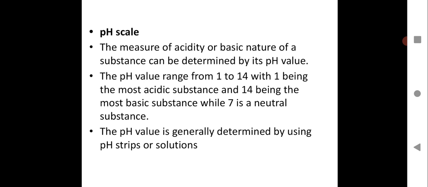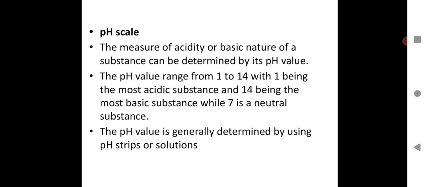As you go towards 1, the acidic nature of the substance will increase. It will become more acidic. And as you move towards 14, it will become more basic. And the middle, 7, will be a neutral substance. So that will show a different color change, and you can compare with the pH scale, which will show the numbers as well as the color change. That scale is given. I will show that.